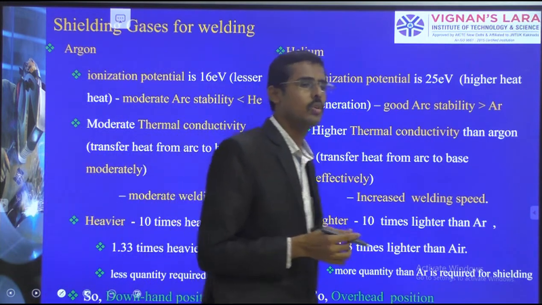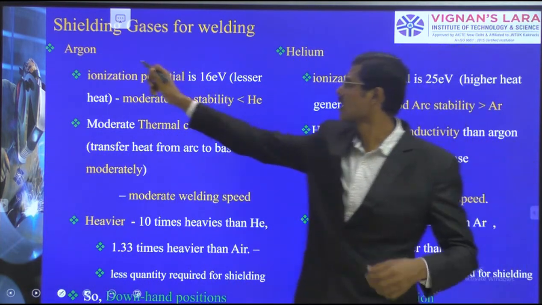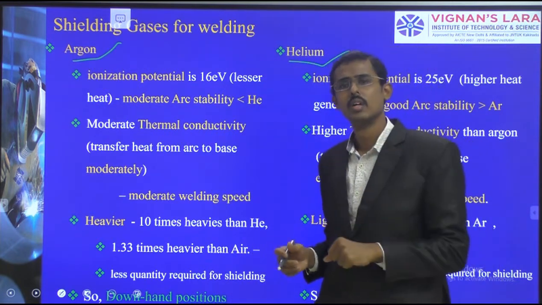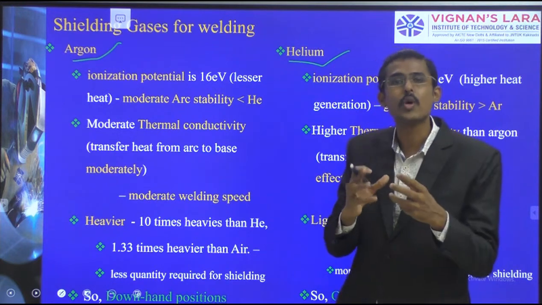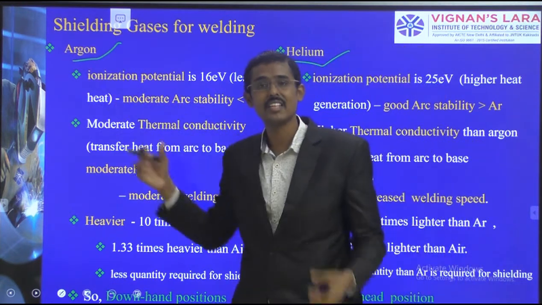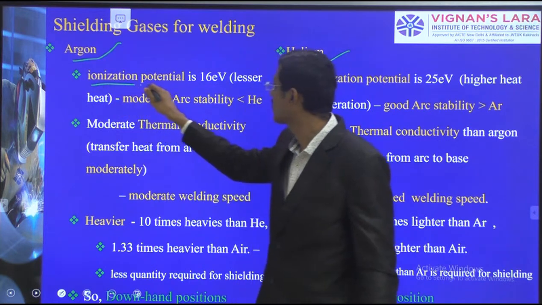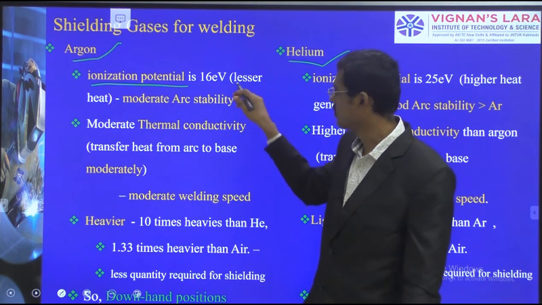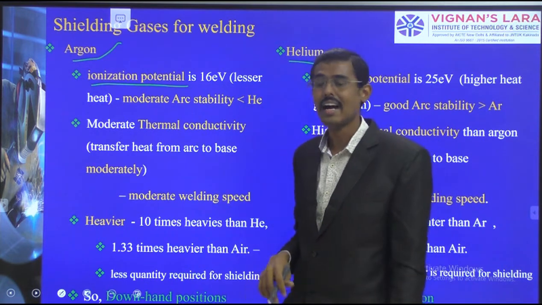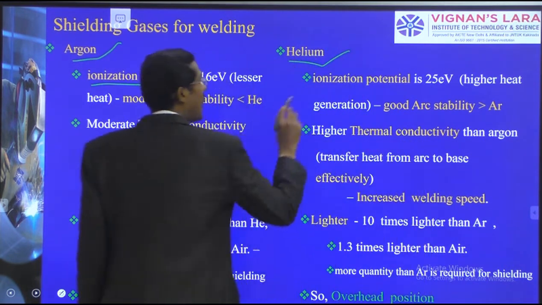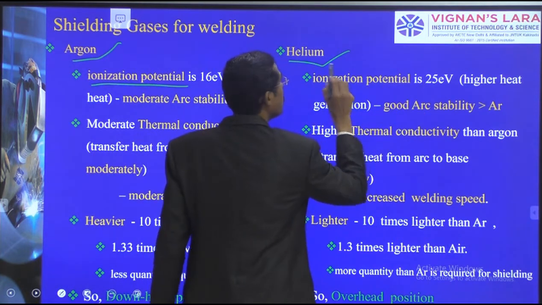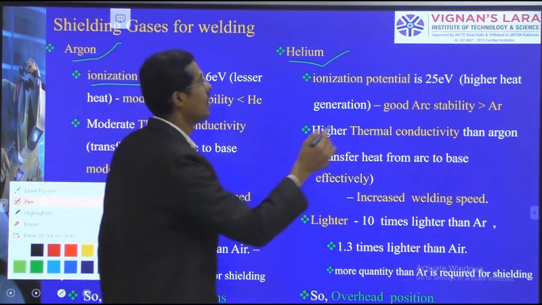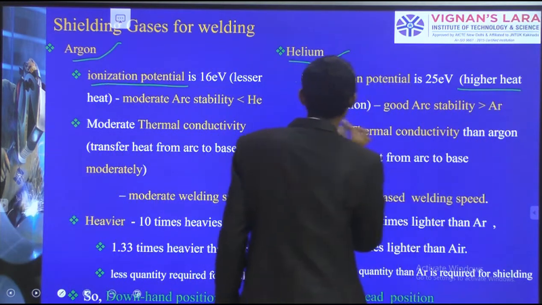We want to know about the properties of argon and the properties of helium. Then we can use argon and helium in appropriate places. Argon has a lower ionization potential of 16 electron volts, which gives less heat as compared to the ionization potential of helium, 25 electron volts, which gives high heat generation.